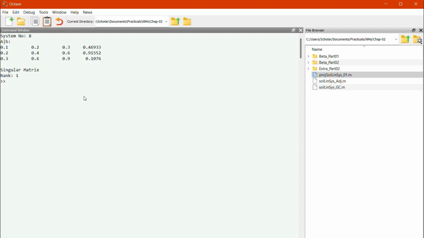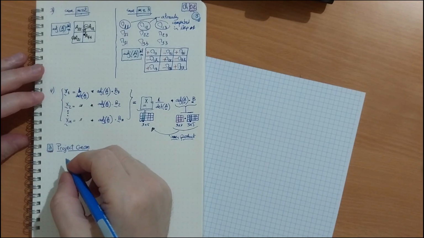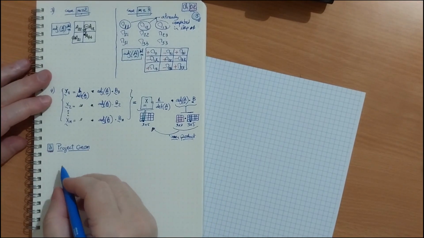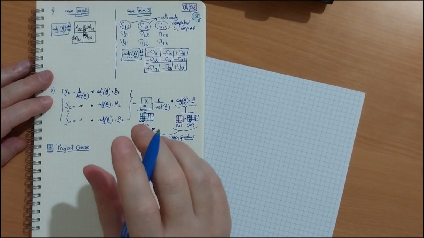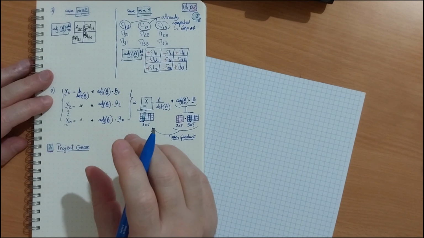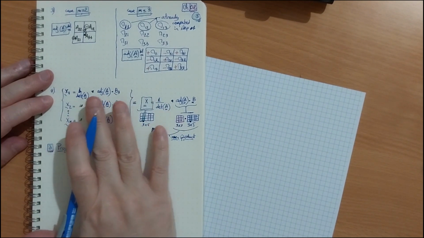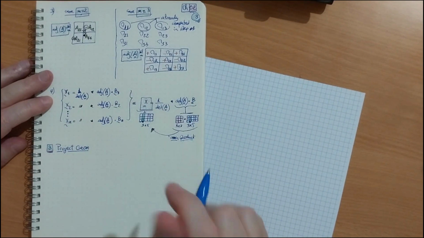Let's apply this technique, the adjugate matrix, with several images to solve a concrete problem in geometry. In the third part of this practical, we study a simple problem in geometry, in a plane, in 2 dimensions.